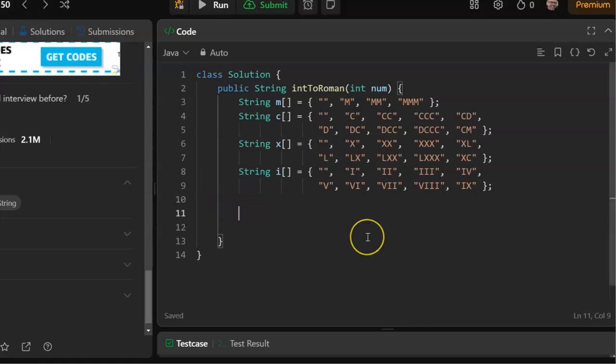What is the input here? Num. All right, so let's do this. We can get the thousands. The thousands were never a problem anyway, but the thousands are going to equal M at num div 1,000. And actually, let's do this.